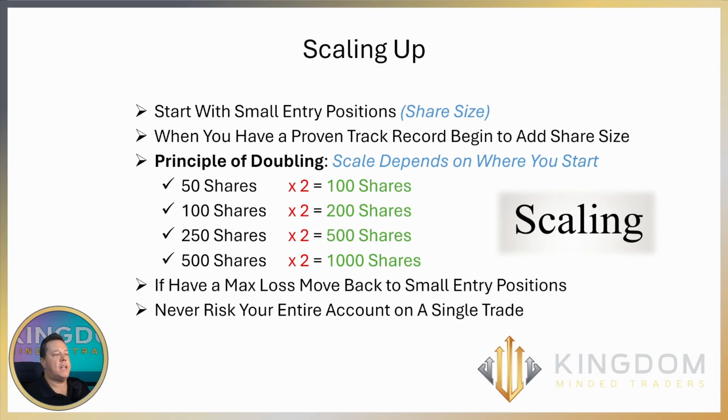The point of scaling up is once you have proven profitability, we want to follow the principle of doubling. So whatever shares that you are currently trading, once you're profitable and consistent in that, then double the share size. Once you are consistent there, then double it again. What this does is a few things.